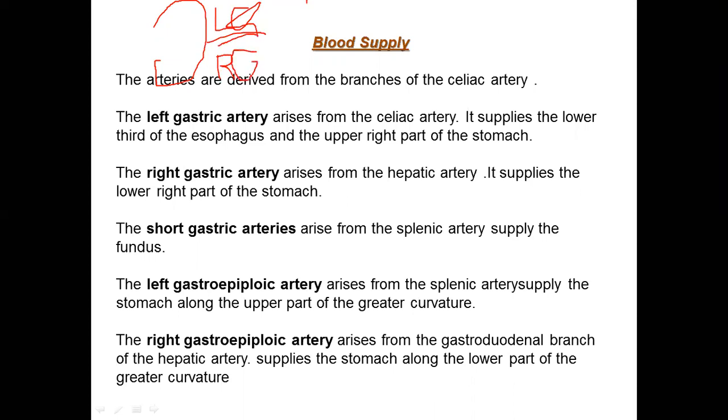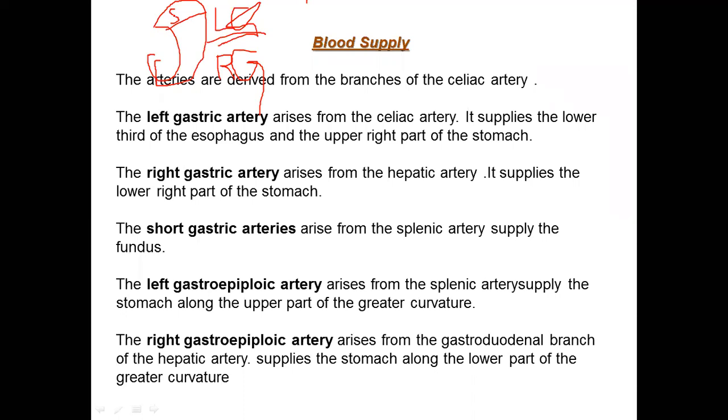And if we look at the side of the lesser curvature, the fundus will be supplied only by the short gastric arteries. So this is the fundus of the stomach, which is supplied by the short gastric arteries. Then there are the left gastric artery and the right gastric artery.